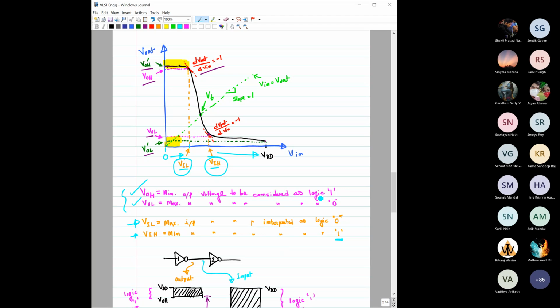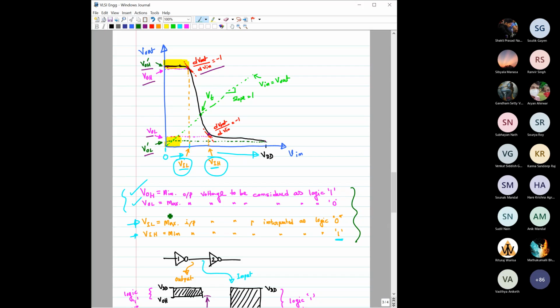One thing is quite clear from this: VOH, VOL, VIL, VIH are dependent on the VTC of this gate only, right? If the VTC changes, meaning you change the design, these values will also change.